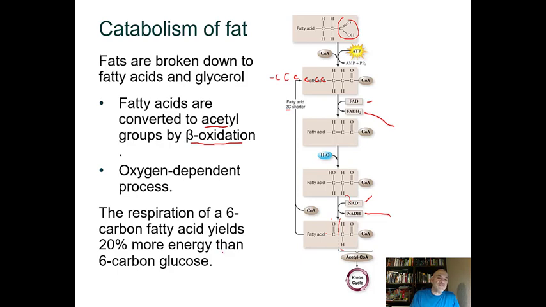But if we compare every 6 carbons that we get off here, so basically going through this process 3 times, you're going to get 20% more energy in that molecule than you would from a 6-carbon glucose. So fats are a really great way for long-term storage of energy to produce ATP.